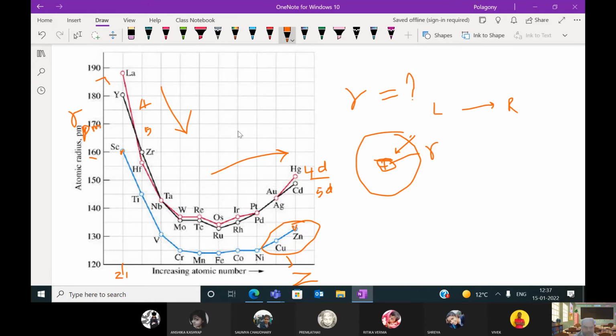So what reason do you suggest why these 4D and 5D series have close resemblance, compared with the 3D series? No reason? That means lanthanoid contraction is more significant in the 4D series and 5D series than the 3D series, because in the 4D and 5D series, the f orbital will begin.